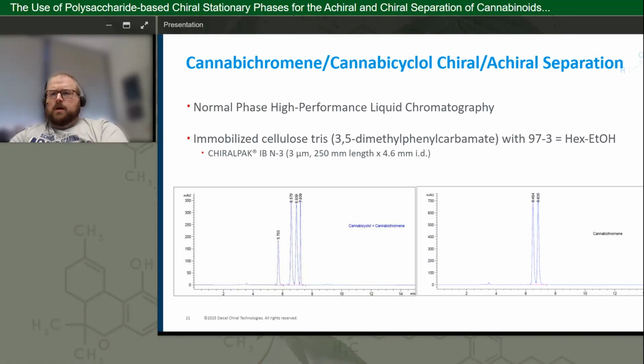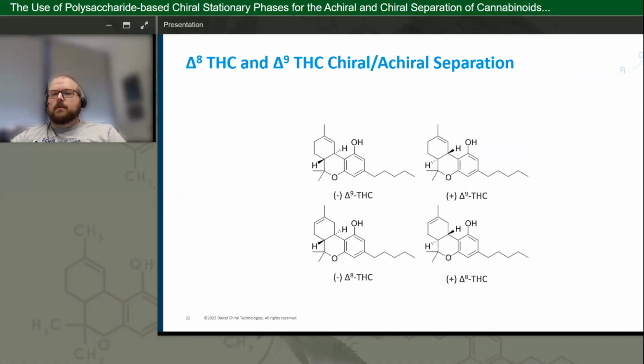So one of the things we looked at was separation of CBC by itself, but then also in mixture with the CBL. And so we have some nice separations here under normal phase conditions, jumping back to this cellulose tris 3,5-dimethylphenylcarbamate using 97% hexane and 3% ethanol. Now, because these are not acidic cannabinoids, we don't need an additive. So this is a neutral mobile phase, which is nice.